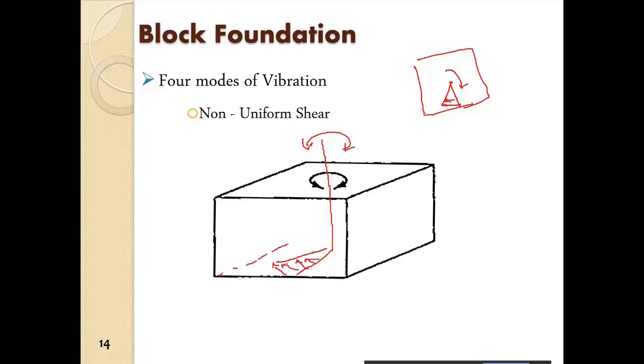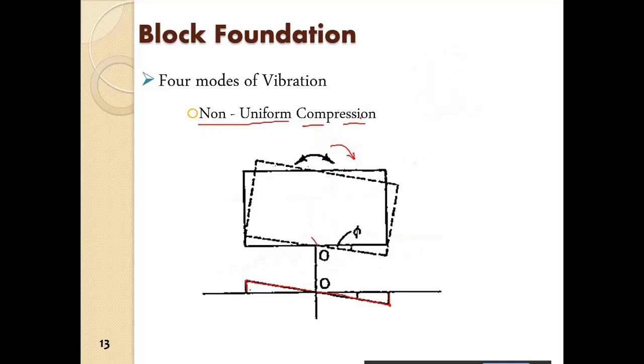So the shear is more radially outwards. If we go inwards toward the axis, it is almost negligible shear. So that is why it is non-uniform shear. So there are 4 modes of vibrations.